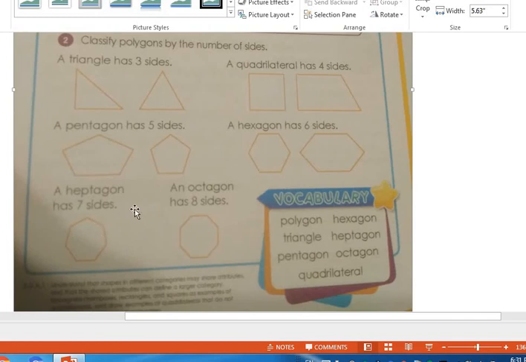A heptagon has 7 sides: 1, 2, 3, 4, 5, 6, and 7. So here the heptagon has 7 sides. An octagon has 8 sides. Yes.